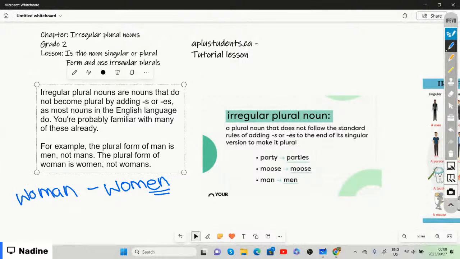Woman shows one woman, one lady, but women, with the e within that word, shows more than one, let's say ladies.